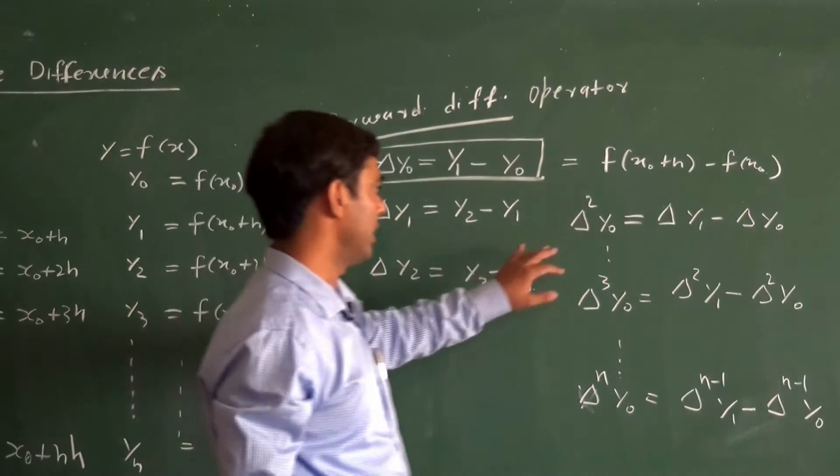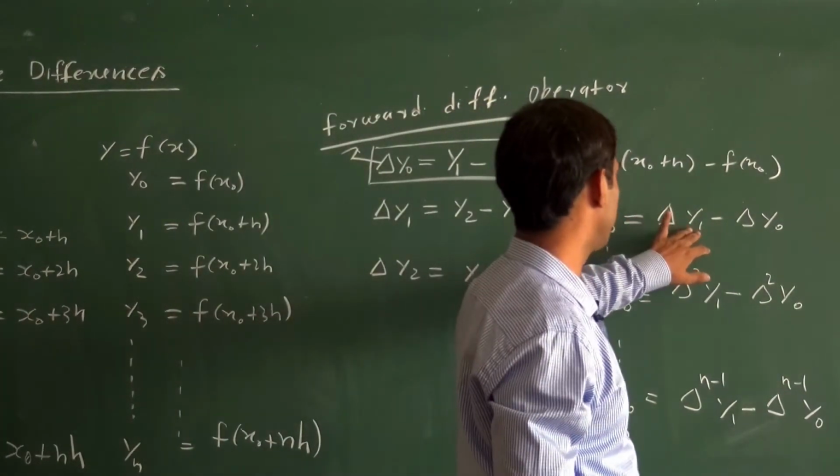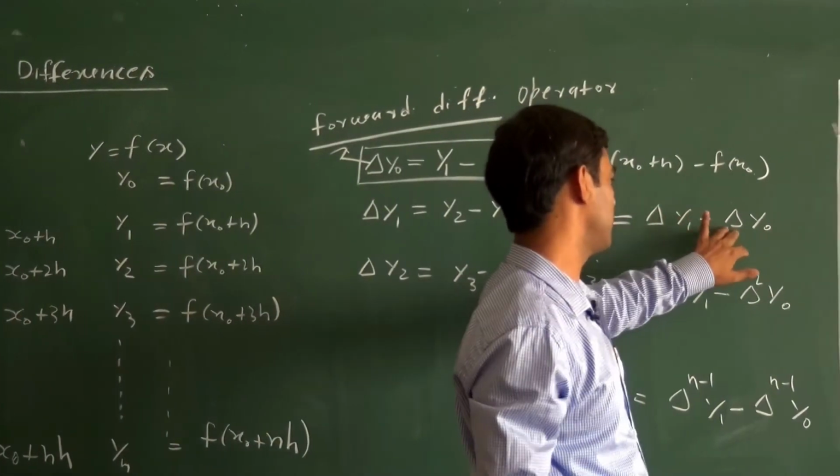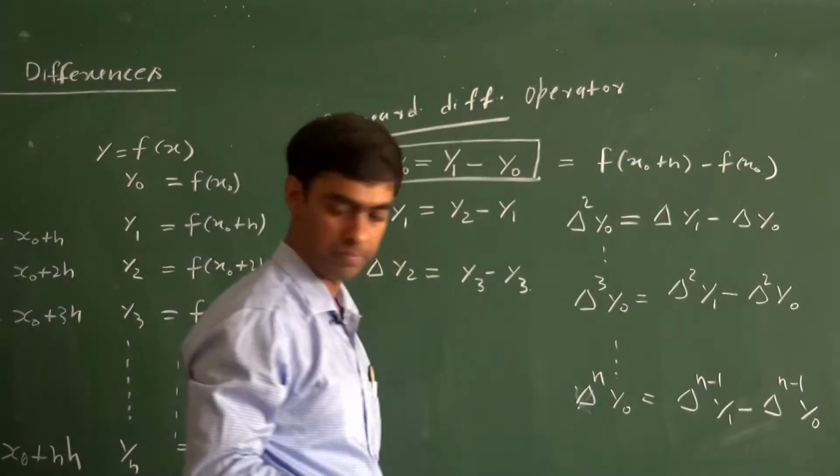Similarly, del 2 y0 is del f of x0 plus h minus del f of x0.